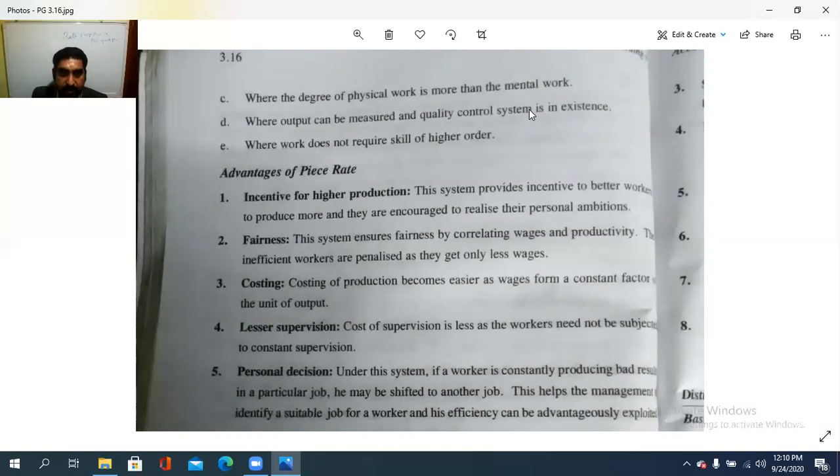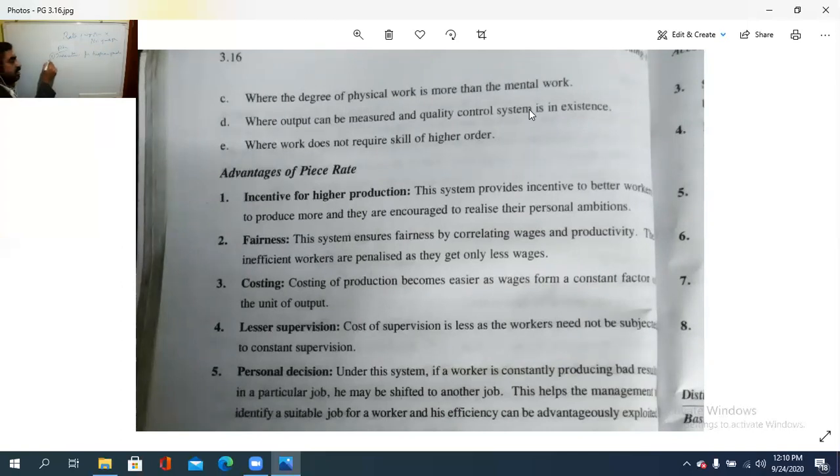It is based on output, so they try to increase efficiency. They are getting more benefited, with more money remunerated in the form of incentive other than the salary.